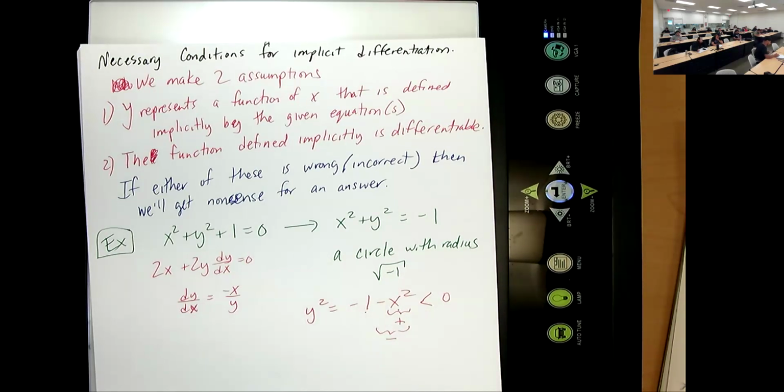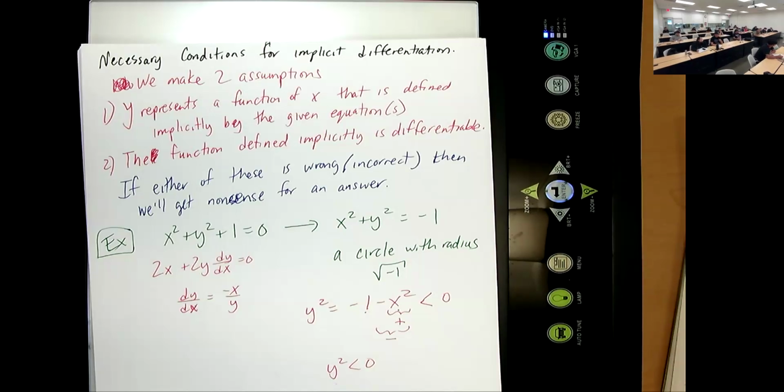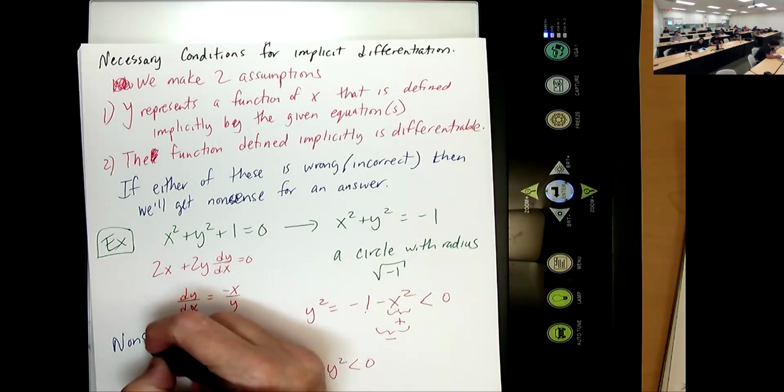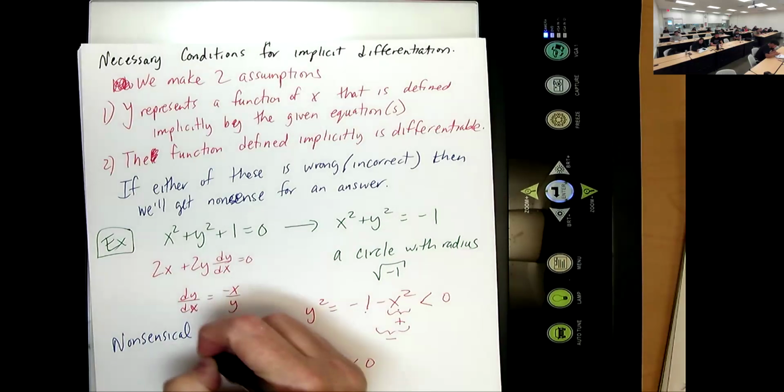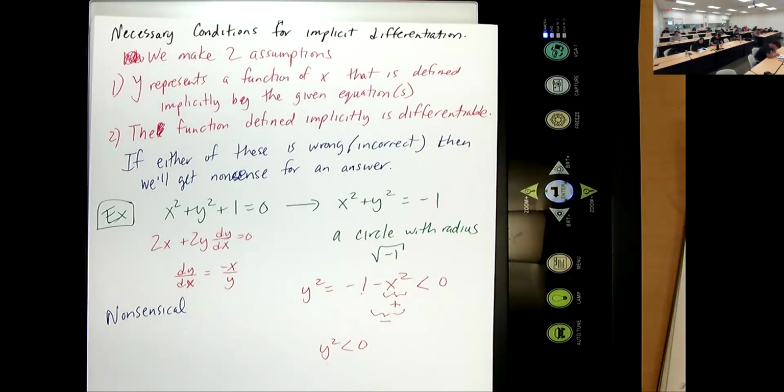There's no way for it to be equal to 0. So we're saying y squared is less than 0, but there's no way to get something squared that's less than 0 without it being complex. So this is nonsensical. So that's just the assumption we're making. Sometimes you don't have an easy way of checking that.